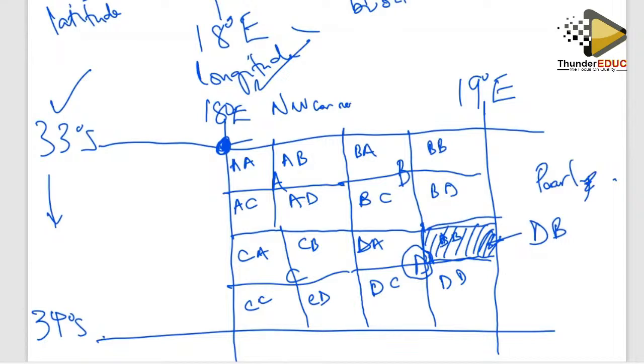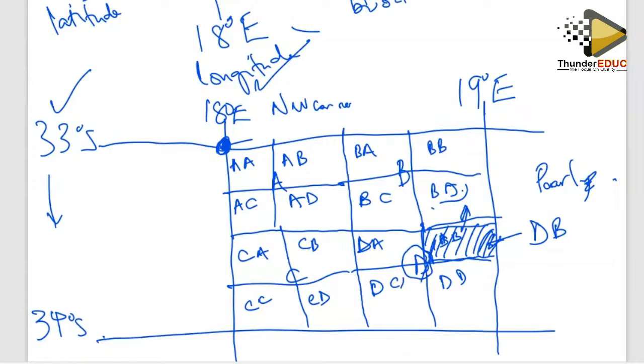So typical questions that you are going to get based on this illustration here. The question can say, give the map reference of the map to the north of the given map reference 3318 DB. Automatically, you know your north is there. This becomes 3318 bigger block B, smaller block D. That is the reference of this. Or if the question says, give the reference of the map to the southwest.